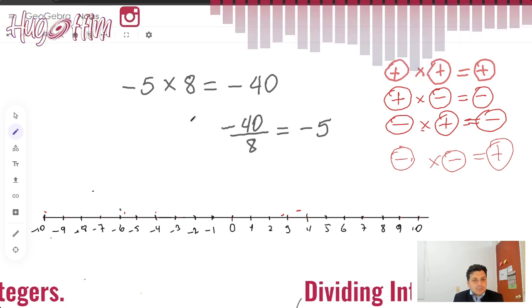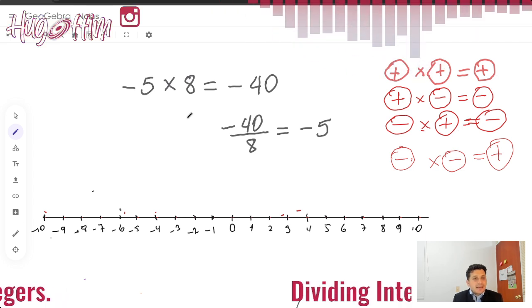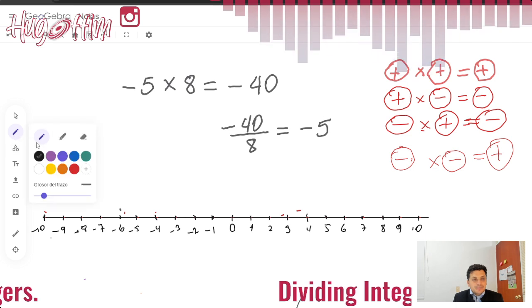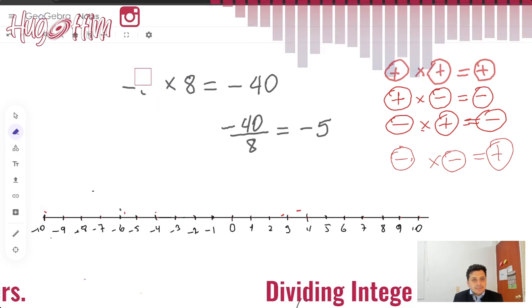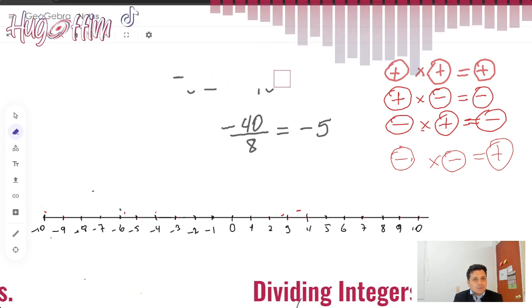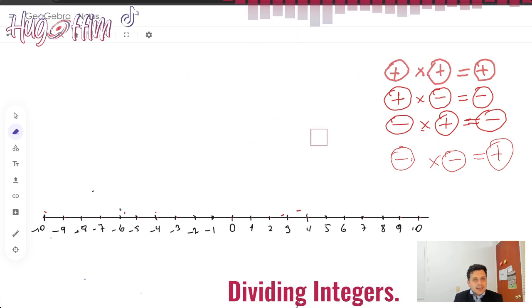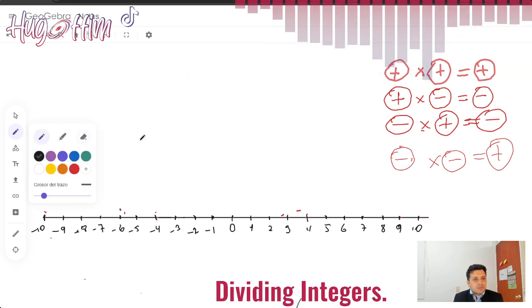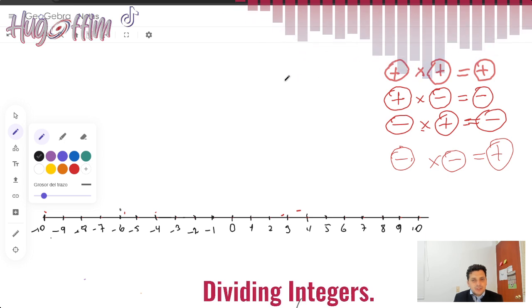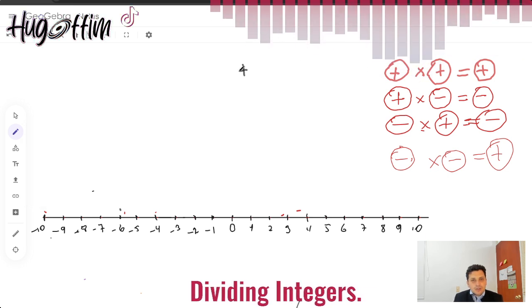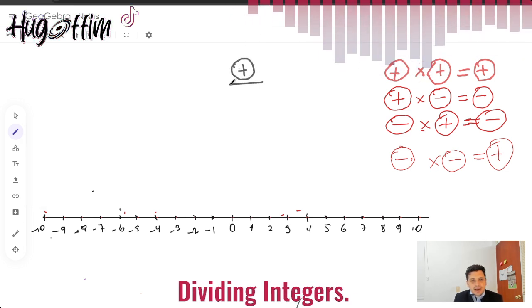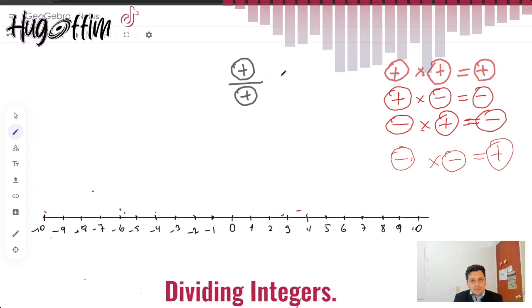So just by applying the inverse operation, I can get any rule that I state here. I'm just going to apply the inverse operation in every case to identify what will be the sign of a division. Every time you're working with division, you're trying to find the inverse operation. So in this case, let's say that I want to divide a positive number by a positive number.